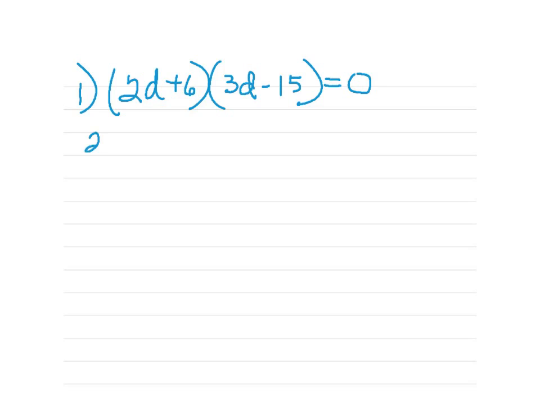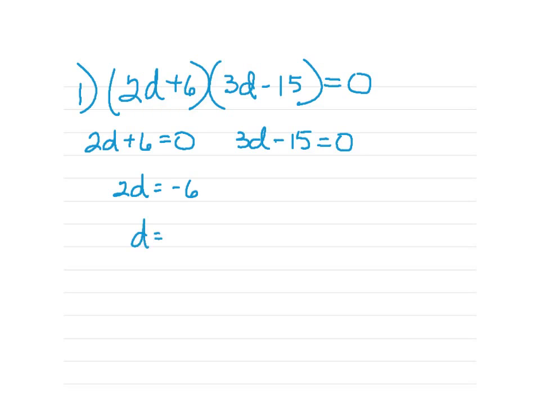I can say that 2d plus 6 equals 0, or 3d minus 15 is equal to 0, and I'll solve both. Okay, so here we'll subtract 6 on both sides and get 2d equals negative 6, and then we'll divide both sides by 2, where d is equal to negative 3.